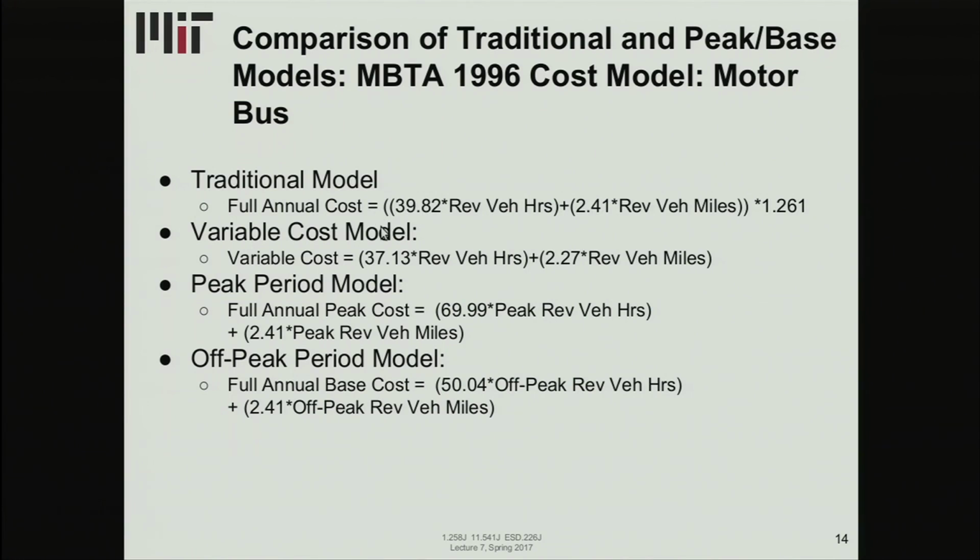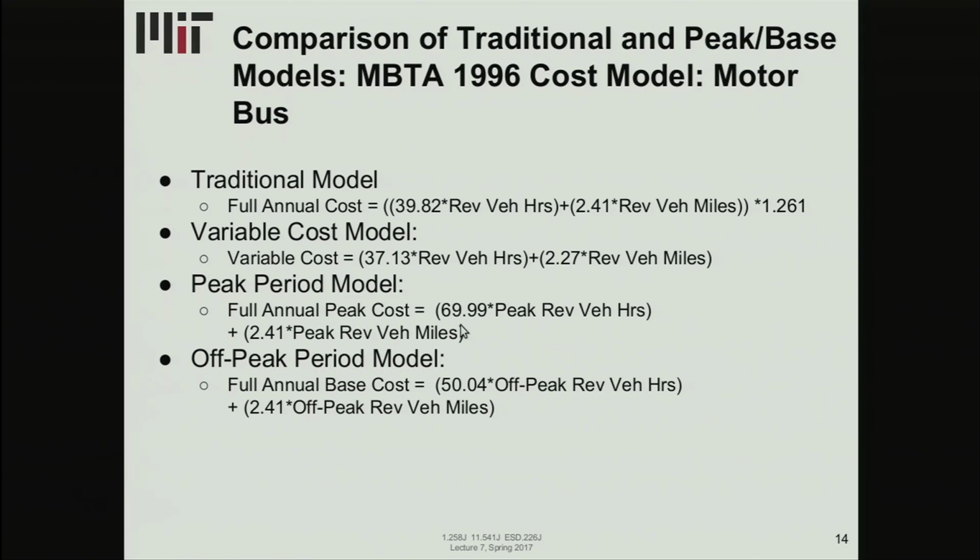We also had in that page a variable cost model, which only accounts for variable costs, so it excludes fixed costs. And now we can look at the peak period model and the off-peak period model. So we make an adjustment to this variable cost model with the unit cost that we just calculated.